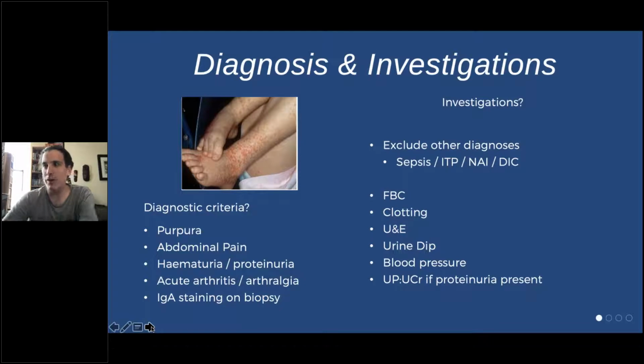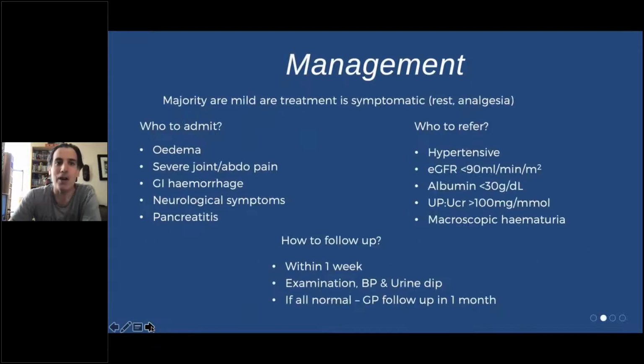Now, what everyone wants to know is when do we admit? When do we discharge? When do we speak to a tertiary team? So for management, the majority of these children are treated symptomatically, with rest and analgesia. When do you admit them?